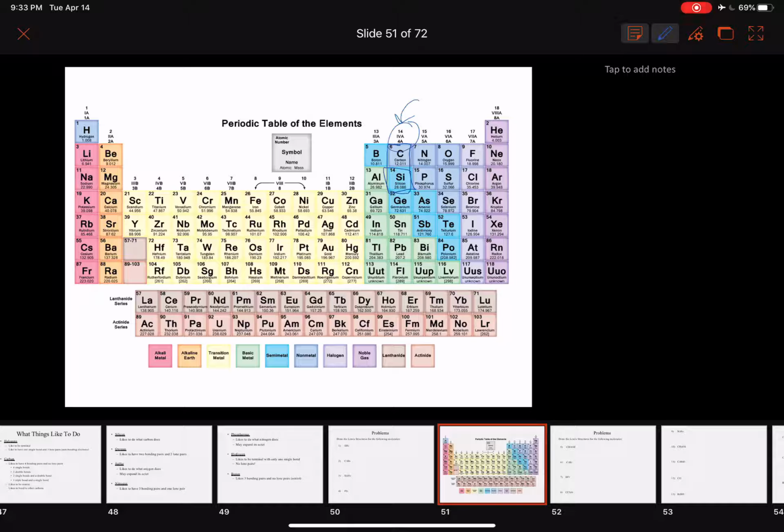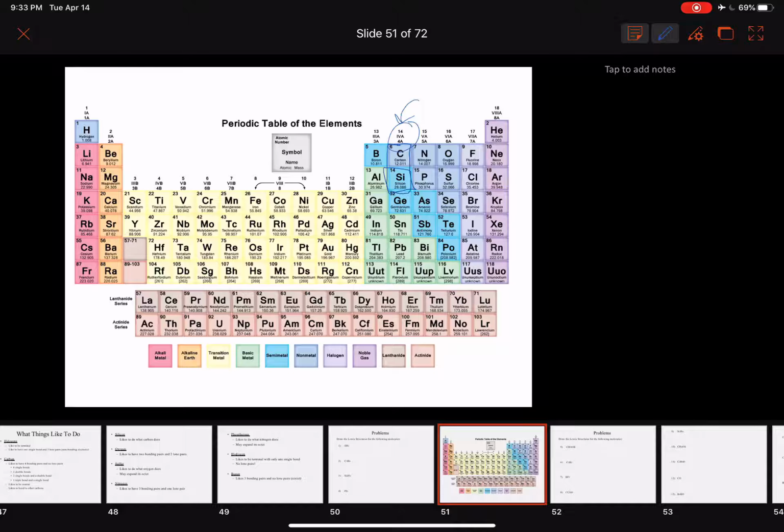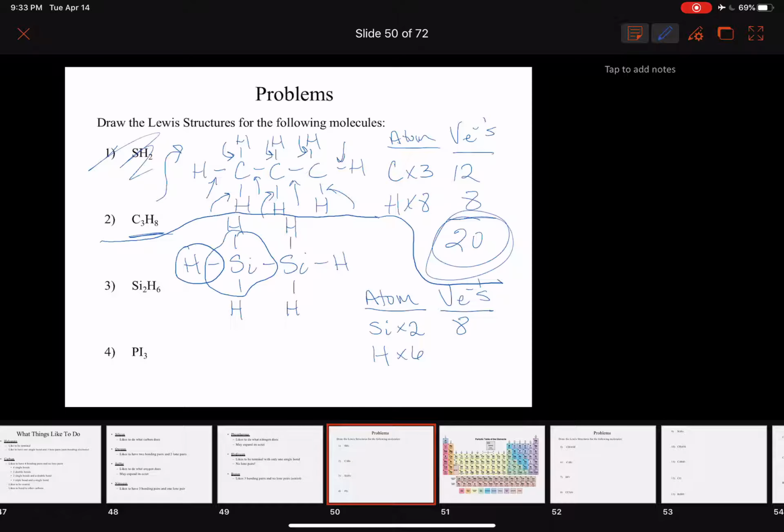So group 14 or 4A means that we're going to have 4 valence electrons each, and we have 2 silicons, so 2 times 4 is 8. And then we have 6 hydrogens, and hydrogens always bring 1 valence electron. So we've got a 6 there, and 8 plus 6 is 14.